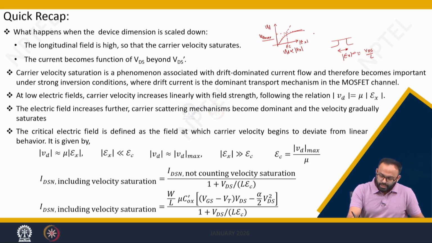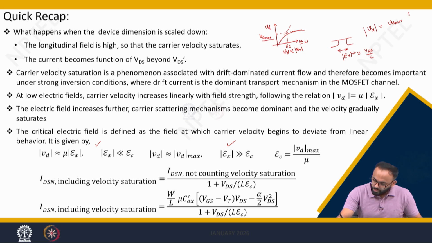So, we need to incorporate this effect in our basic equations, and we did some calculation by considering a basic model of drift velocity as Vd max into Ex divided by Ec, divided by 1 plus Ex divided by Ec, where Vd will be Vd max when Ex is greater than the critical field, and Vd will be equal to mu times Ex when Ex is less than the critical field.